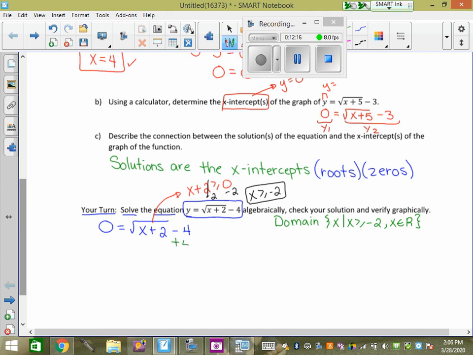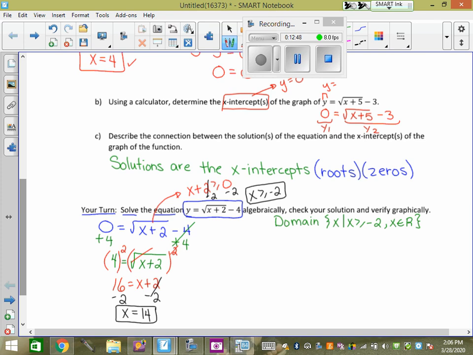So I'm going to add 4 to both sides. So I get 4 equals square root x plus 2. Next step, square the square root so that it goes away. But what I do to one side, I have to do to the other side of the equal sign. So I'm going to get 16 equals x plus 2. I need to get x by itself, so I'm going to subtract 2. X equals 14.